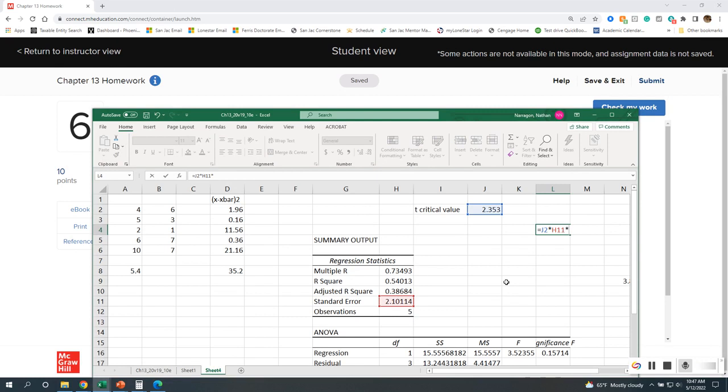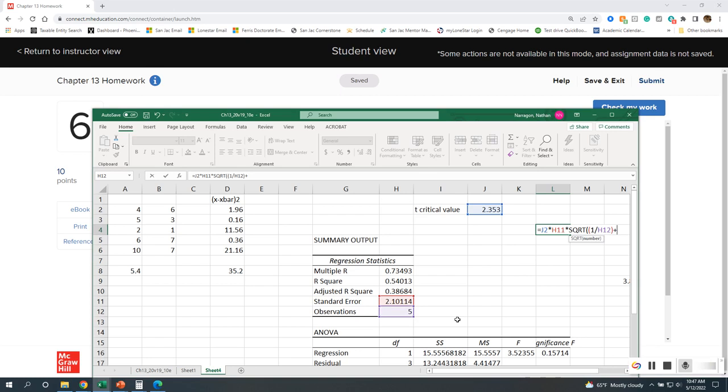Multiply by the square root of 1 divided by our number of observations right there. So that's also given to us.